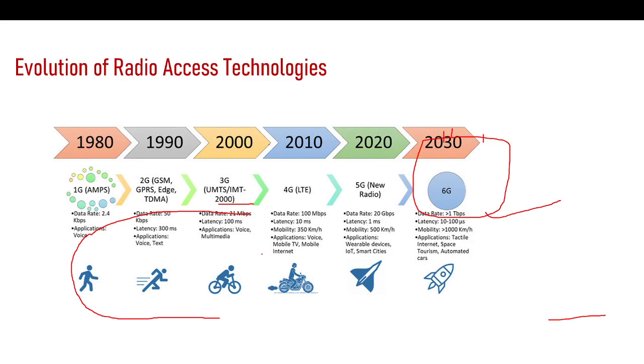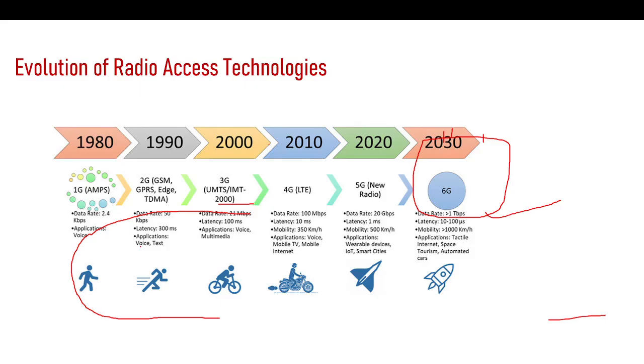You can see that these technologies have different data rates. For example, with 2G we only have 50 kbps and a latency of 300 milliseconds. This was primarily used for voice and text.